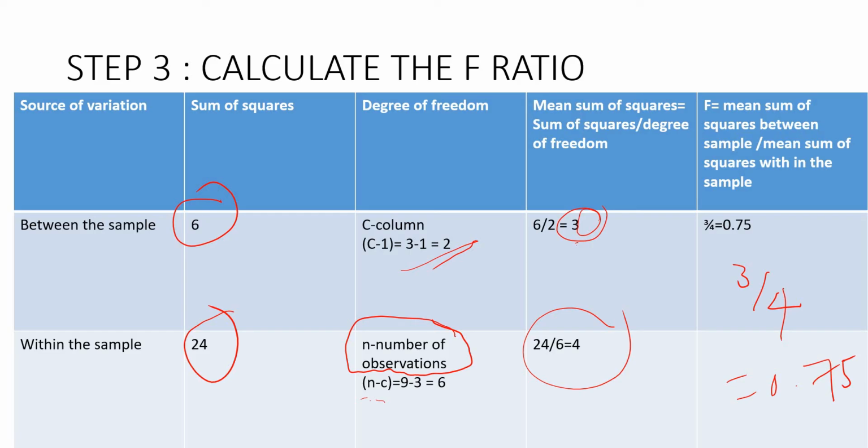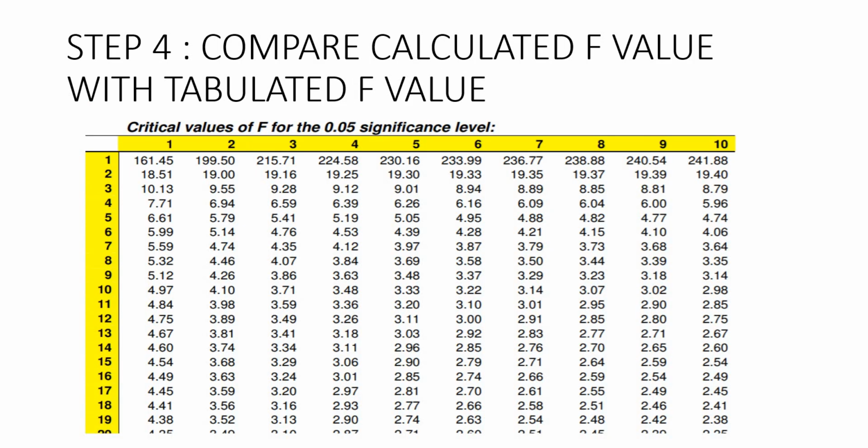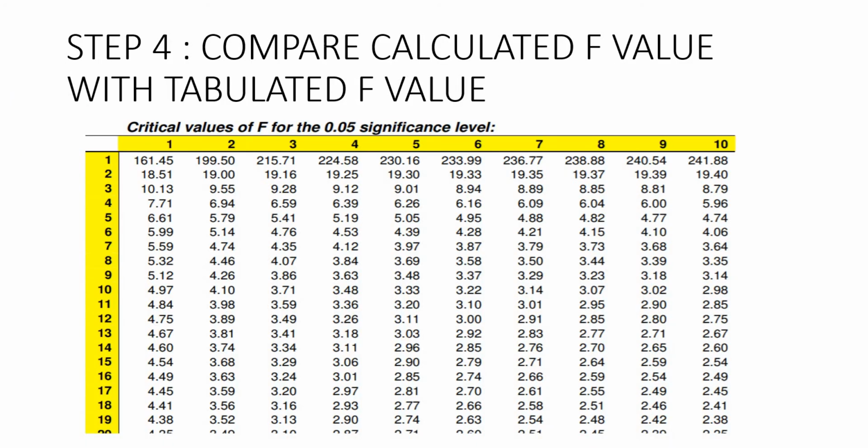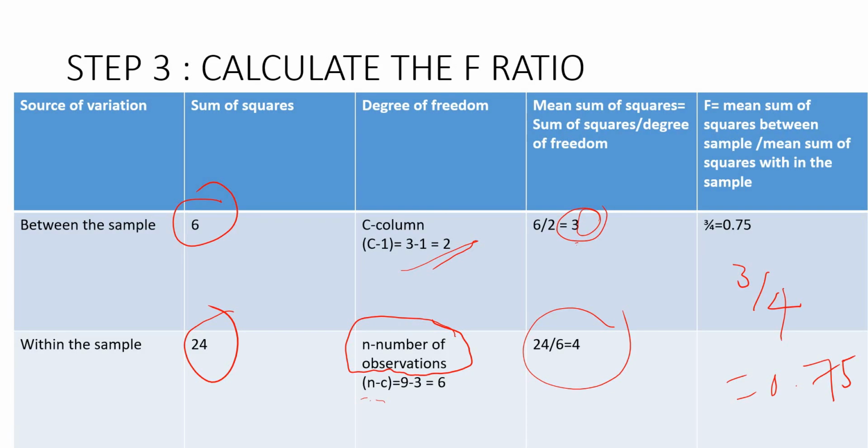You got it. Now we have the table, which you can get from the internet. This is the F table based on the degrees of freedom.